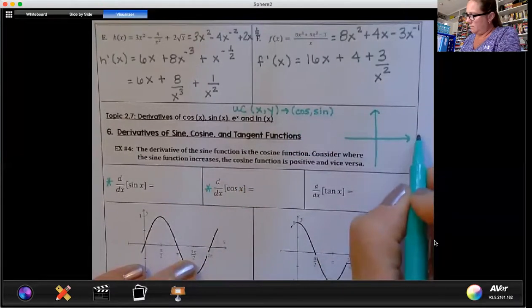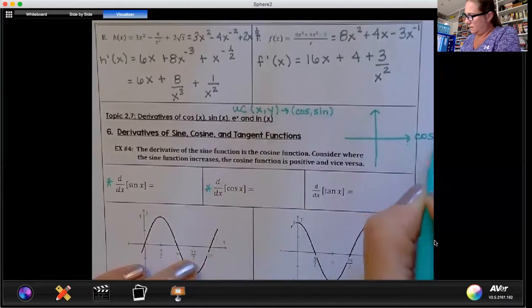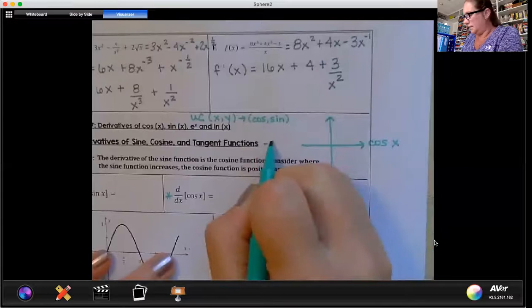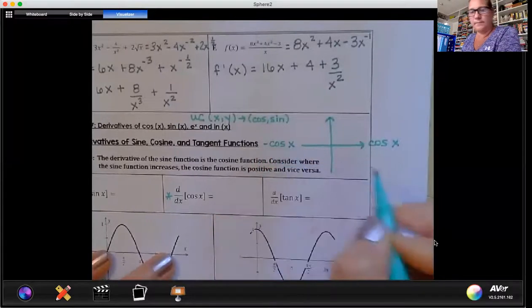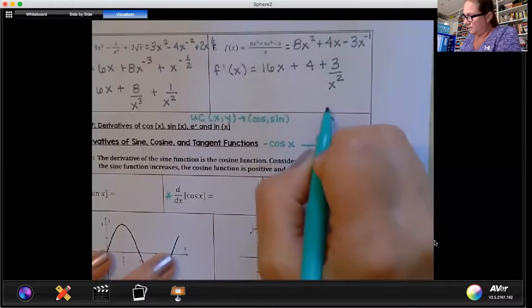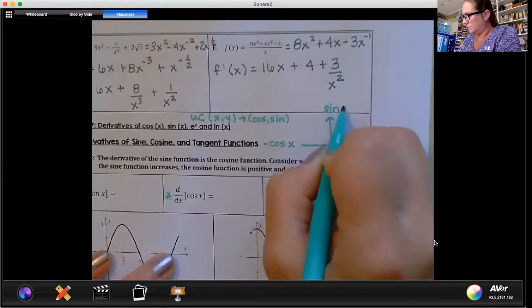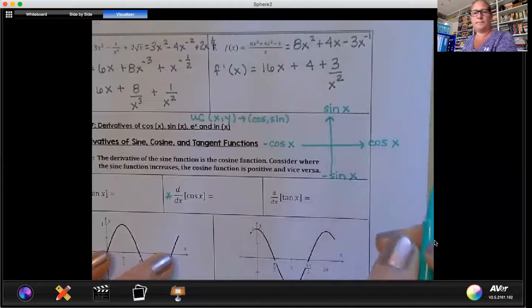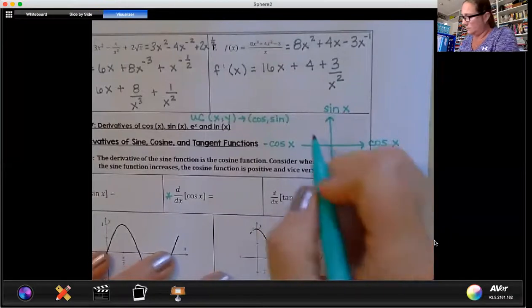So this would be cosine in a positive direction, cosine in a negative direction from 0. Sine is y, sine in a positive direction, and sine in a negative direction. It is a derivative circle.